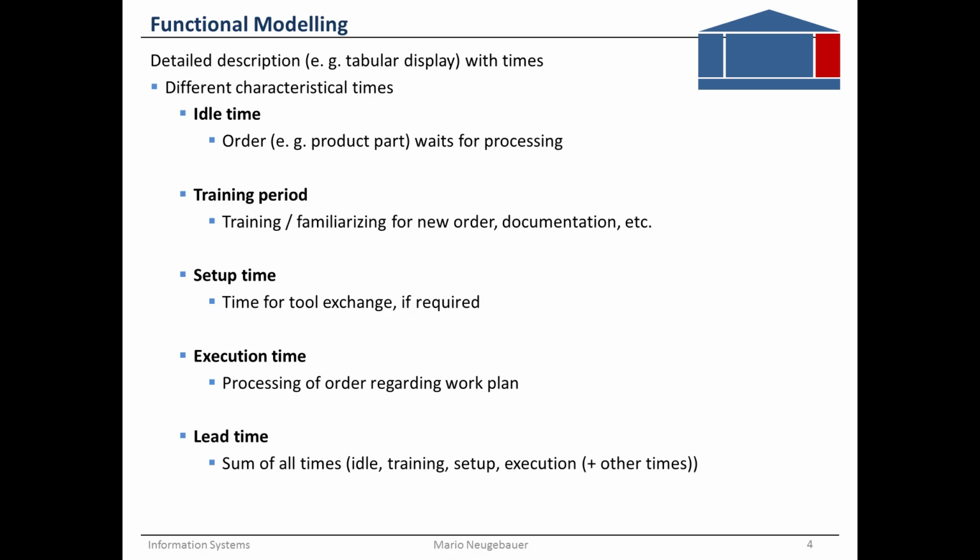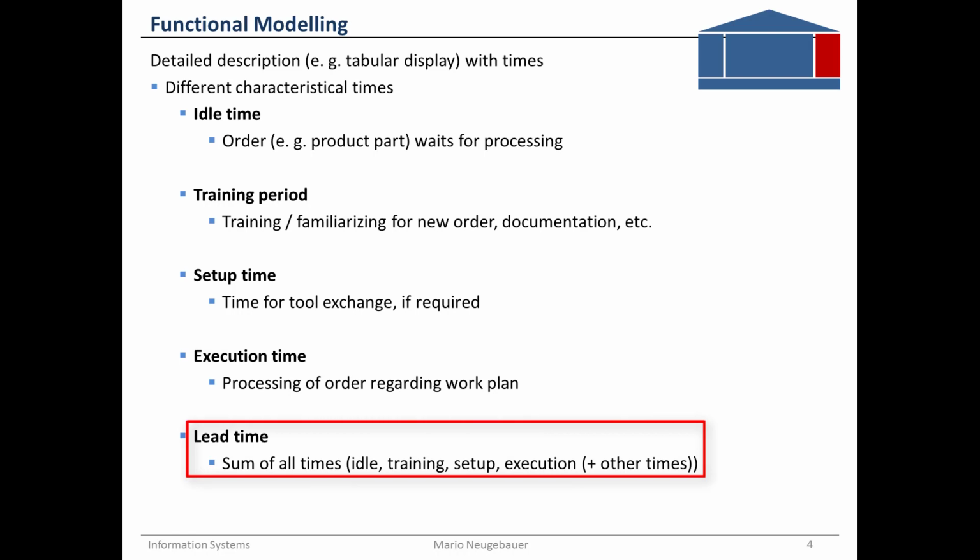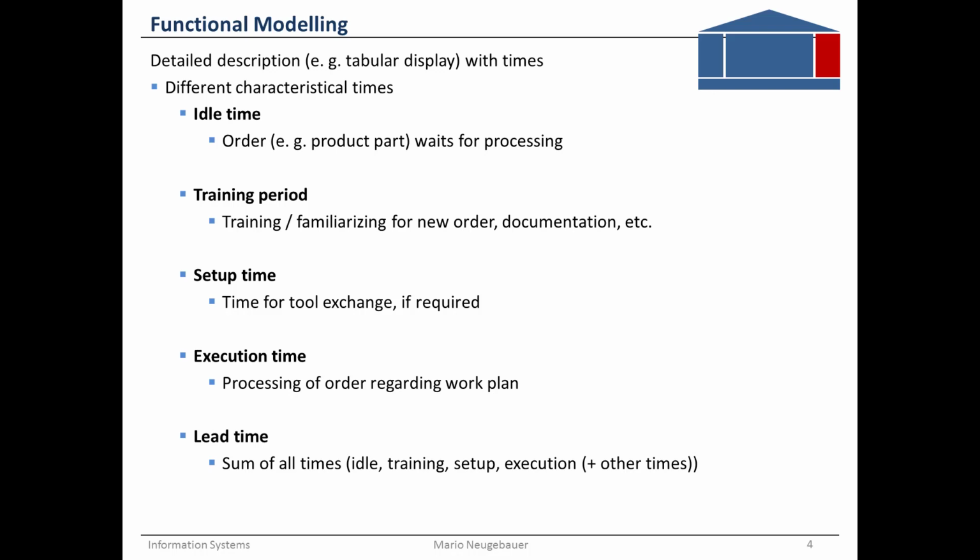And then actually you are done with all the important times, and the next product might be manufactured, starting maybe with a training period or with a setup time. And altogether, the idle time, the training period, the setup time, and the execution time is aggregated to the lead time. The lead time, which then means the time which is required for all the steps for the production of the order.